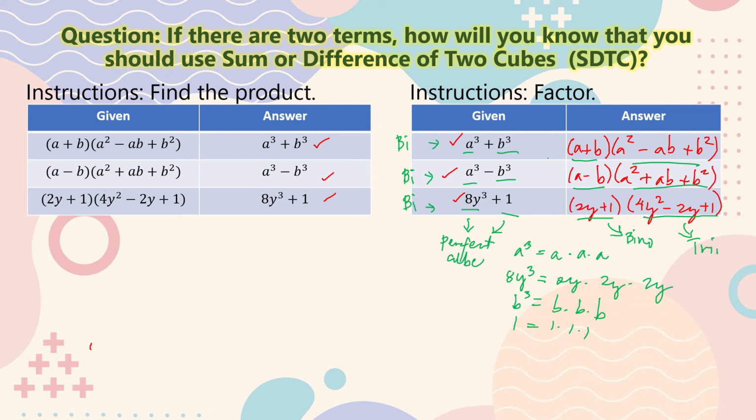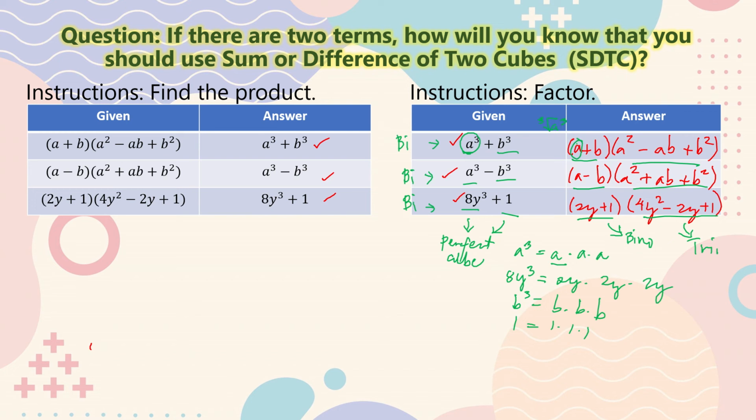So the question is, how do we get the binomial? The first term here is actually the cube root of the first term. The cube root of a cubed is a.